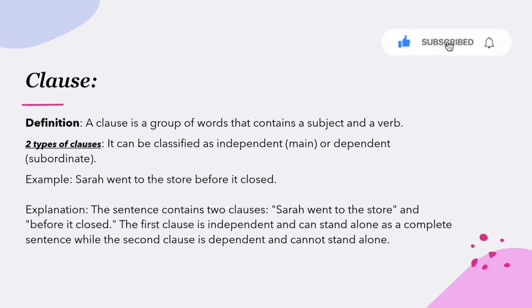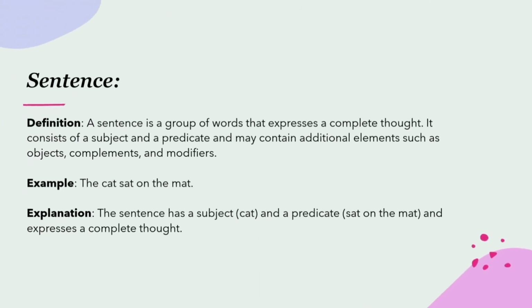So an independent clause is defined as the main clause which can stand alone and it gives a complete idea. A dependent clause is also known as the subordinate clause. It does not give a complete meaning and it cannot stand alone. Therefore, it is known as a dependent clause. Talking about a sentence, a sentence is defined as a group of words which expresses a complete thought.